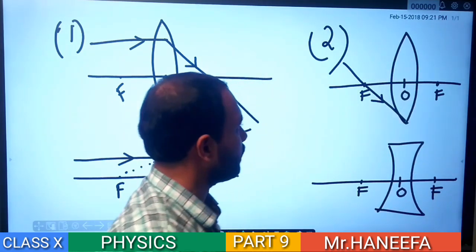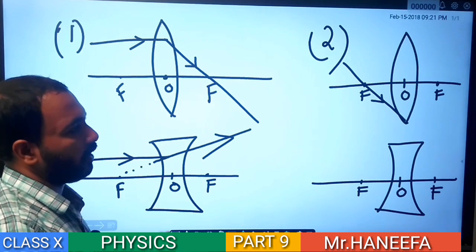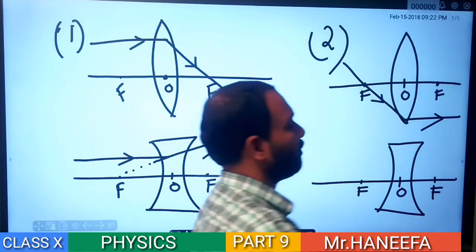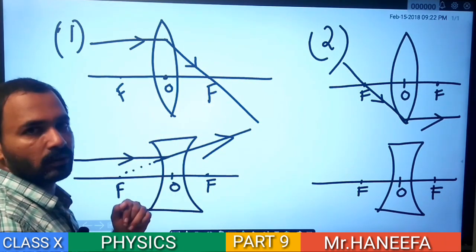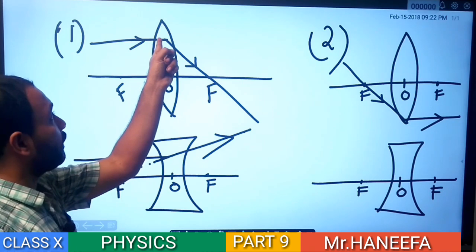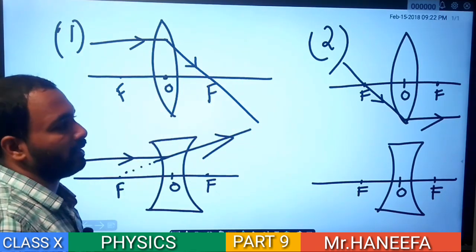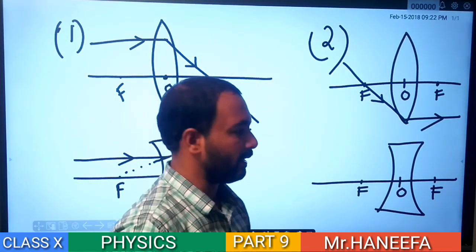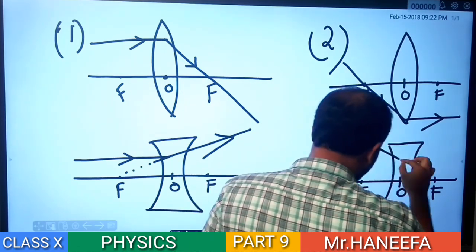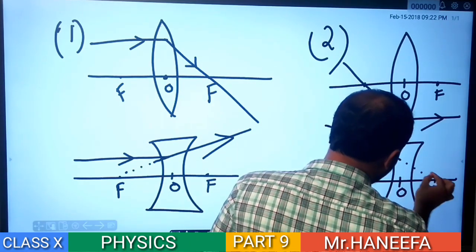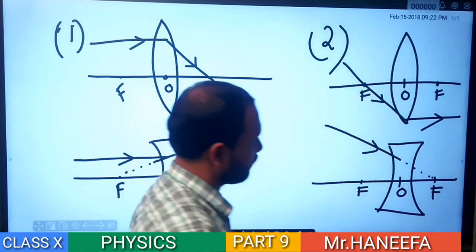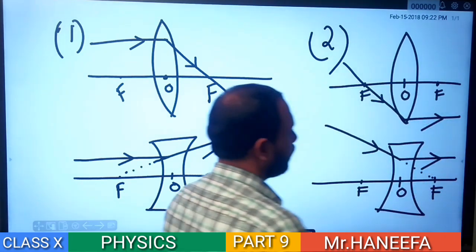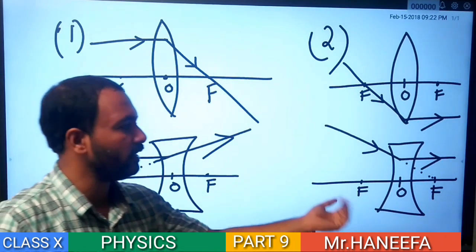A ray passing through the focus, after refraction it passes parallel to the principal axis, just opposite of the first rule. What is the first rule? Parallel to the principal axis, after refraction passes through the focus. Second rule, a ray directed to the focus, after refraction it passes parallel to the principal axis.